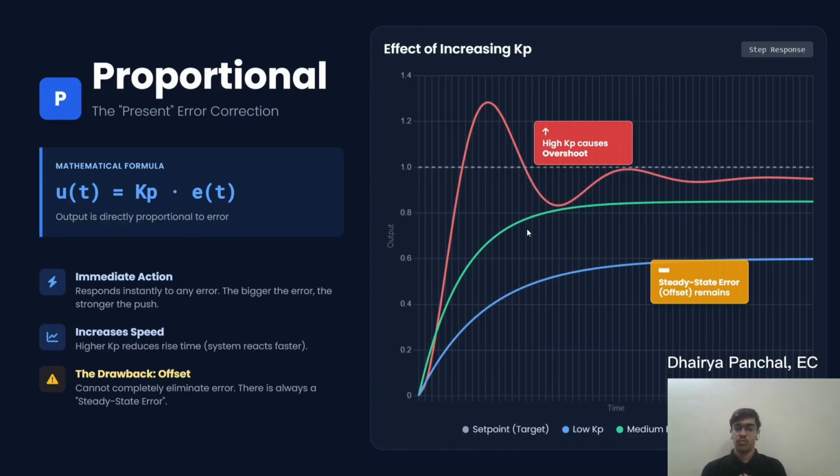So this is what the graph here is, a response. Here our present value is 1, and this is something called a step response. Step response essentially means the output of a system when it is subjected to a step input. So what is a step input?